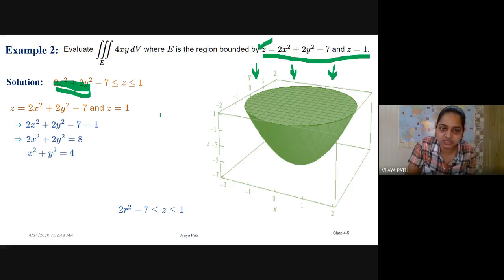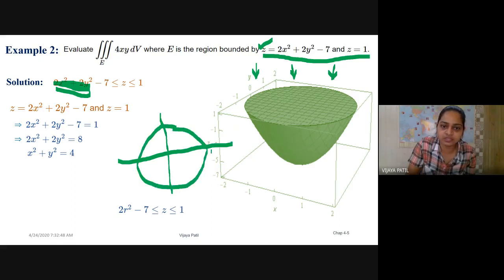So that means this is a circle in the xy plane with a radius of 2 units. If you observe, that is what I had just stopped at. This is the origin and this is 2 units.